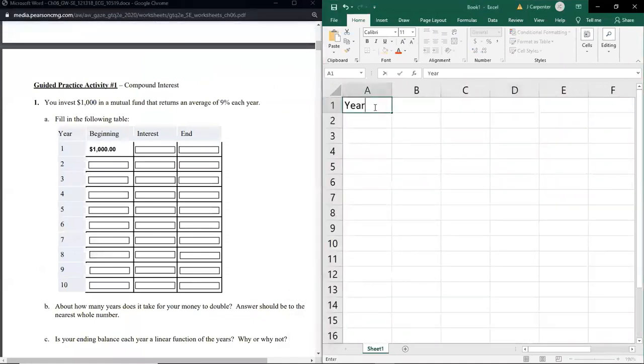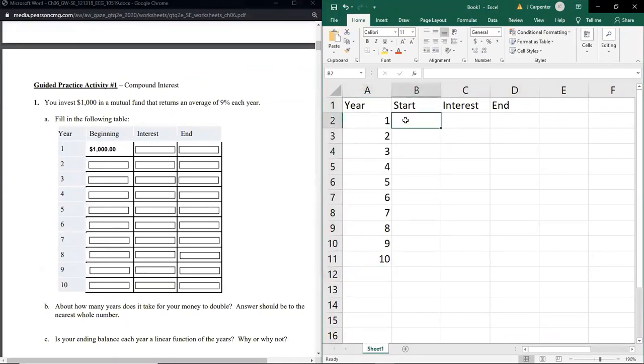So let's have column 1 be the year, column 2 be the starting balance, column 3 be the interest, and then the ending balance. So 1, 2, 3, 4, 5, 6, 7, 8, 9, 10. Yes, I can just type 1, fill down by holding control, or type 1 and 2, grab both, fill down from there, but it's only 10 years, so that's not too bad.